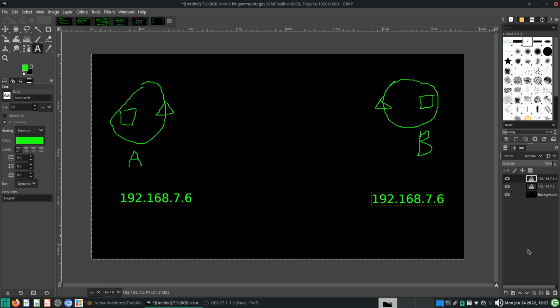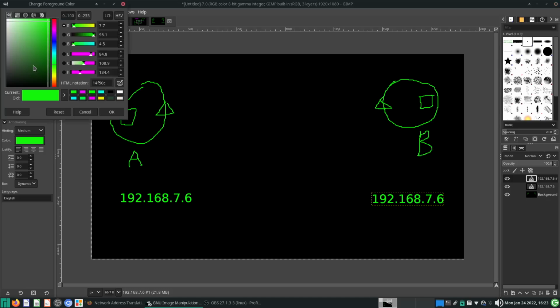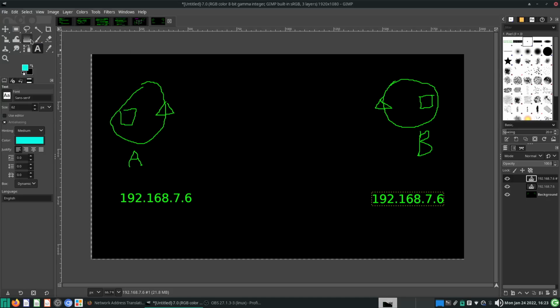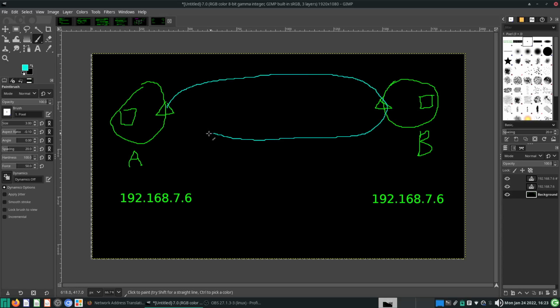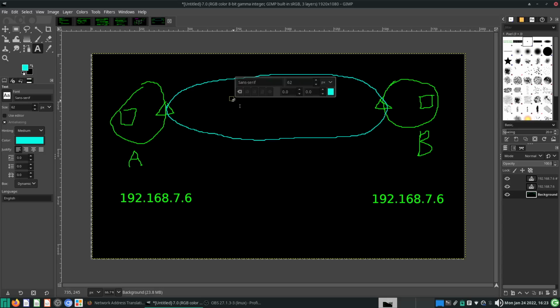192.168.76. And then I'm going to use this cyan circle to represent the complicated layer of routers on the internet.